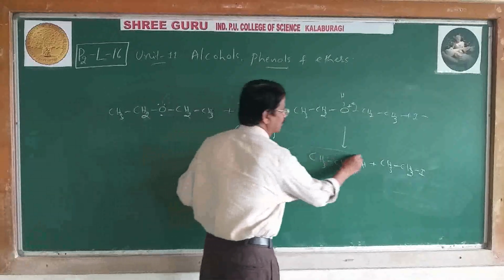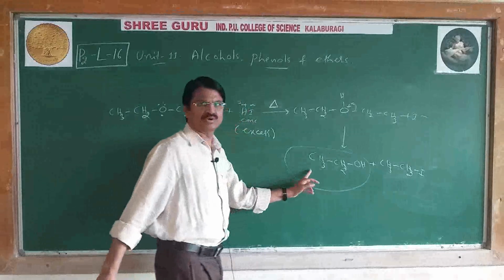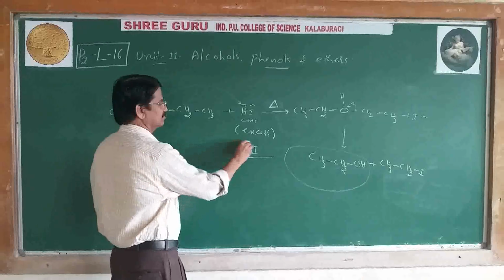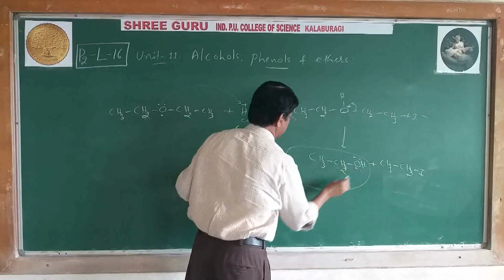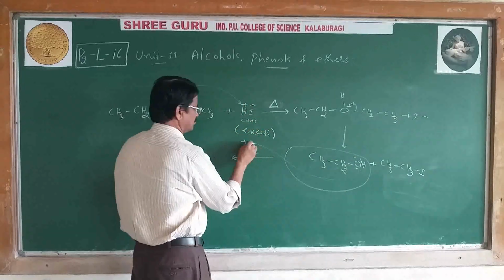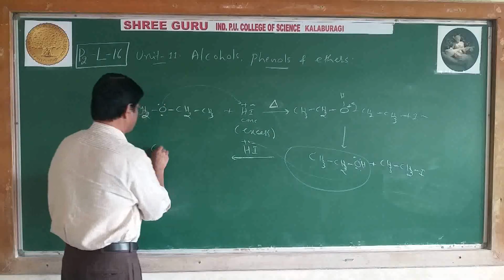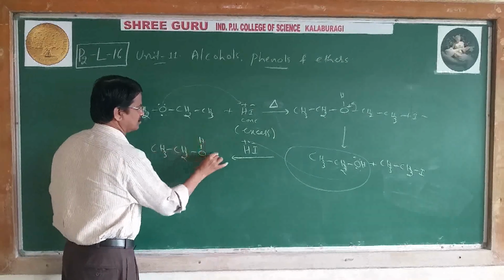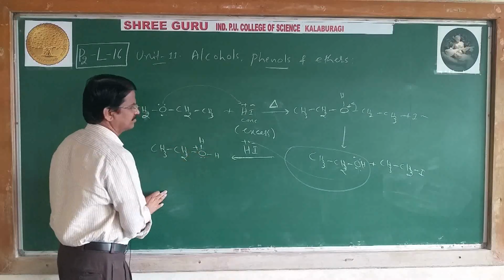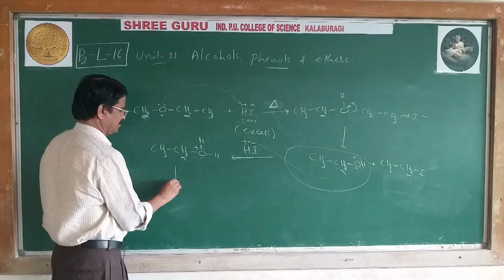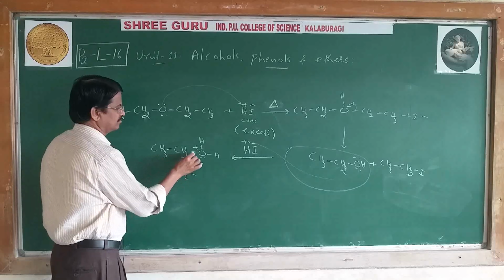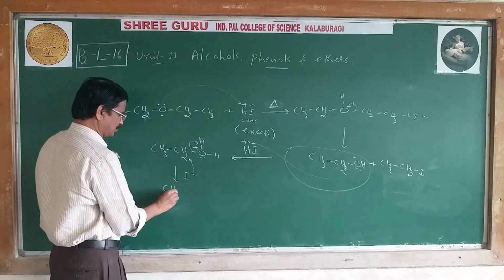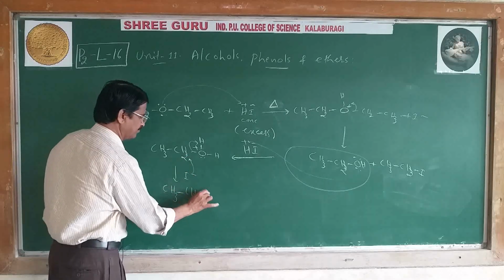Next, the alcohol property: it reacts with the second mole of HI. Now it gives CH3CH2OH plus, then I minus, this bond shifts here, and I minus adds to CH2 plus.